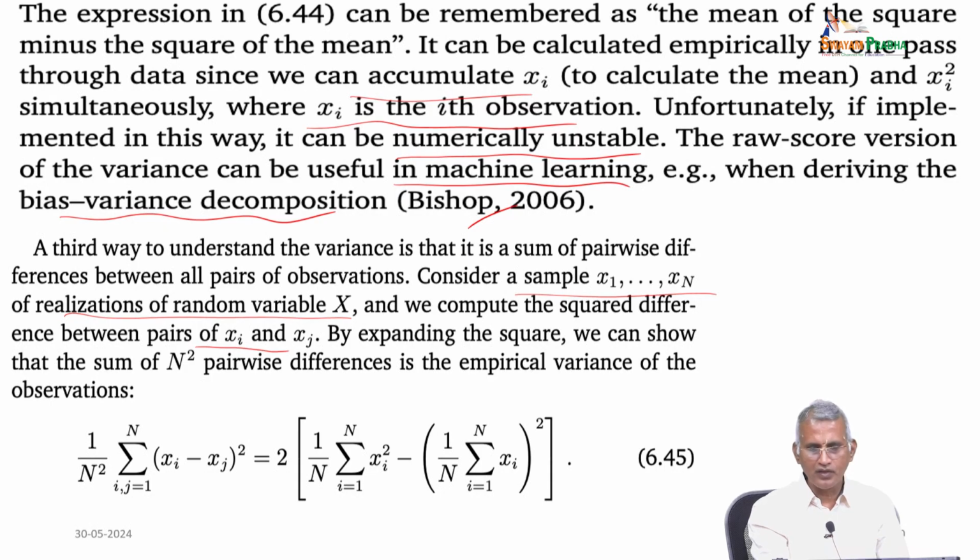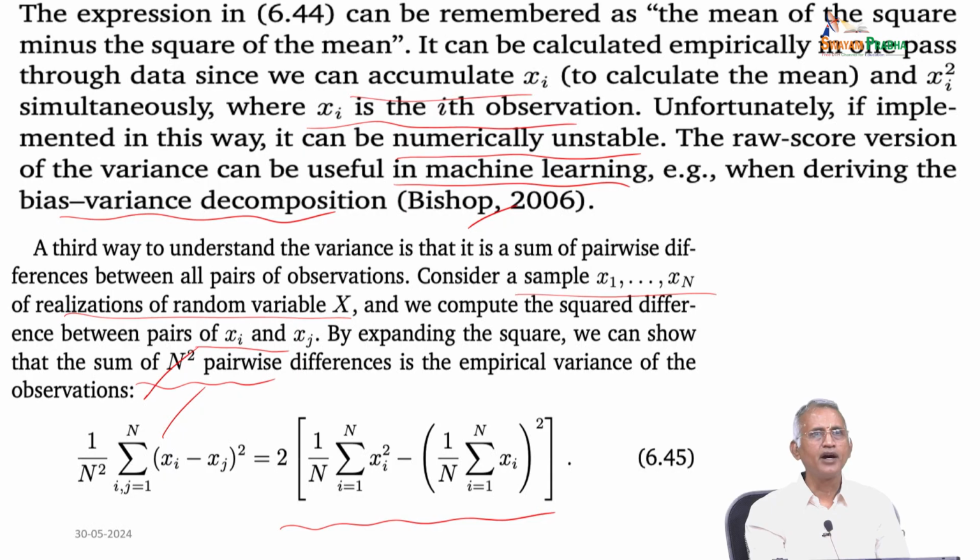By expanding the square, we can show that the sum of the N square pairwise differences is the empirical variance of the observations. Therefore, 1/N square times the summation over i, j equal to 1 to N of (x_i minus x_j) the whole square equals 2 times [1/N summation i equal to 1 to N of x_i square minus (1/N summation i equal to 1 to N of x_i) the whole square]. So, we can also write the empirical variance in terms of the sample x1 to xN in this way.